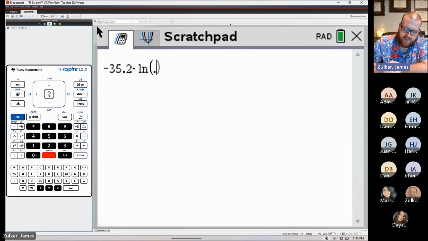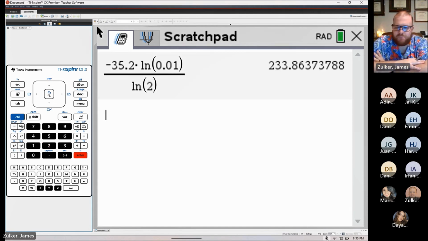So it'll be the natural log of 0.01 divided by the natural log of 2. And we get about 233.9. So let's just say 234 years.